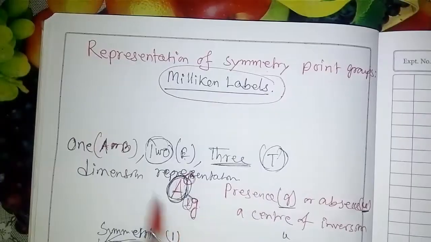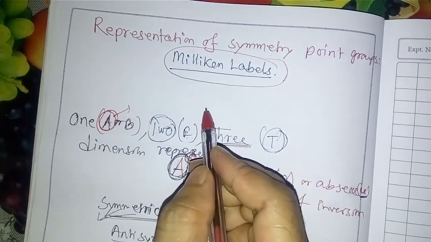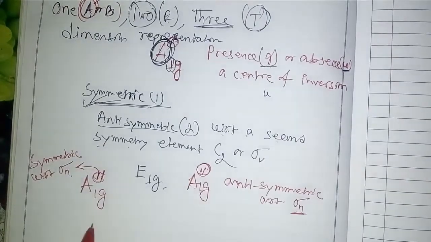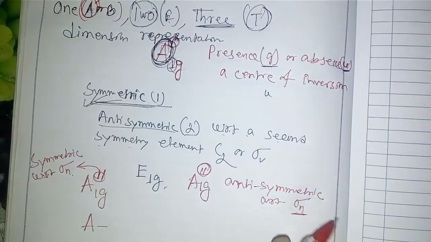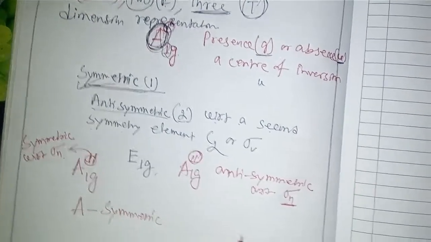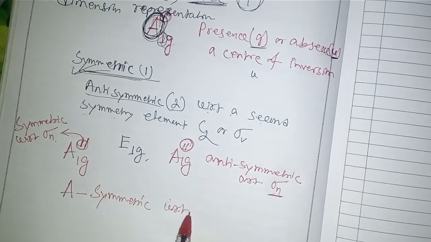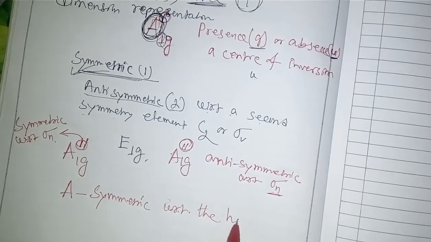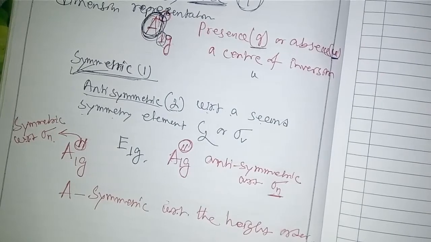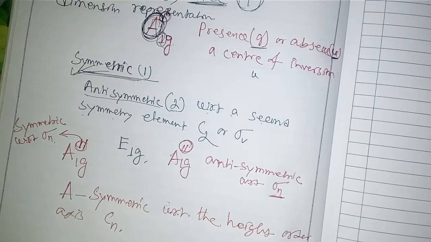If A here, if A, that means this one is symmetric with respect to the highest order axis Cn. Suppose A, okay, this A, this one is symmetric with respect to the highest order axis Cn.